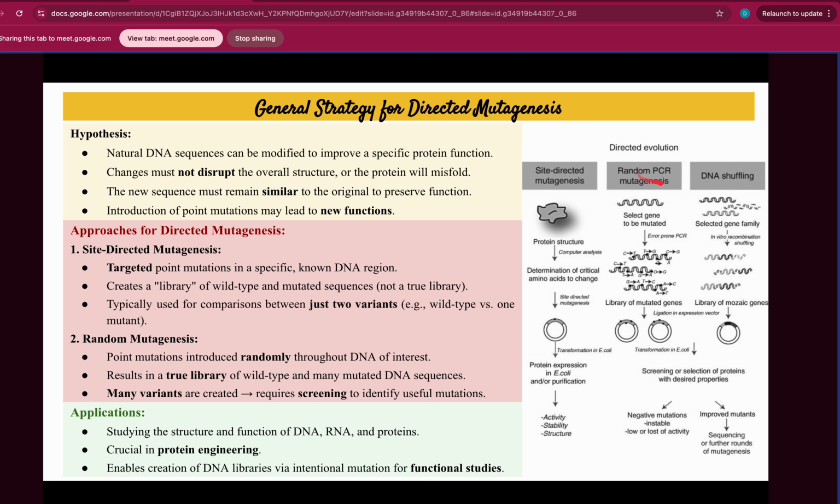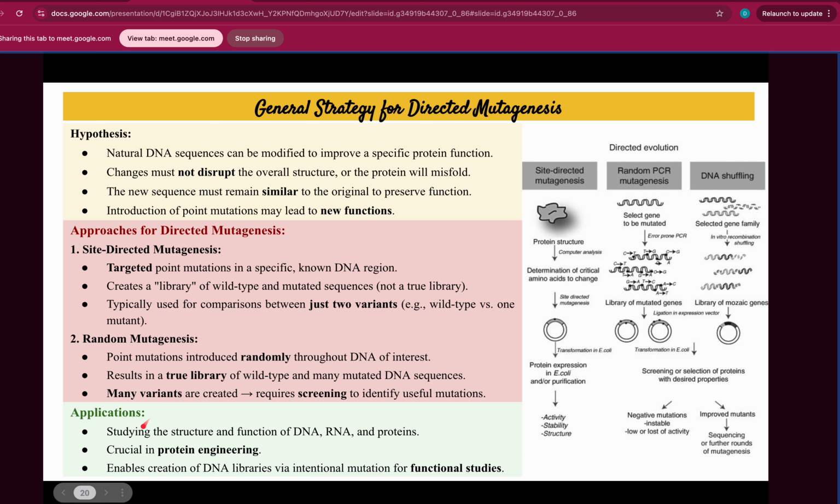In such scenarios you go for random mutagenesis, and ultimately you will transform it, you will express it, and then you will check how it is influencing the activity. Either it is a negative mutation or it is improving the mutant. It is stable or unstable, and whether it is improving the activity. For example, if you are considering an enzyme, then you will see whether its catalytic activity is getting improved or getting worse. Based on that, we will figure out which of these mutations are helpful.